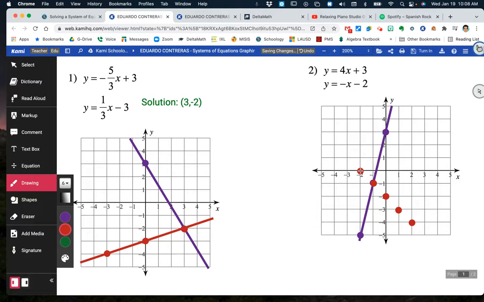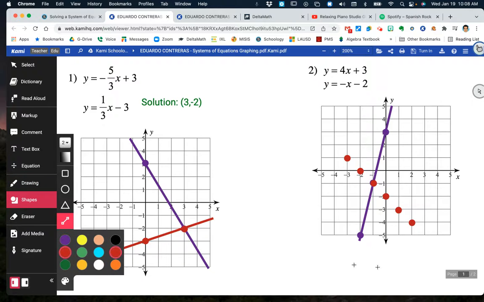I'm sorry, -1, -1. Yeah, the solution is -1, comma, -1. Okay? So let's make our line here. Like that. Okay, and the solution is -1, -1.